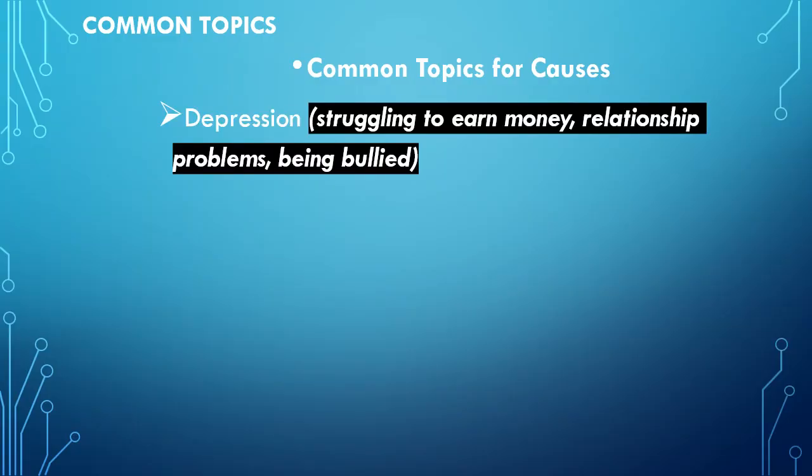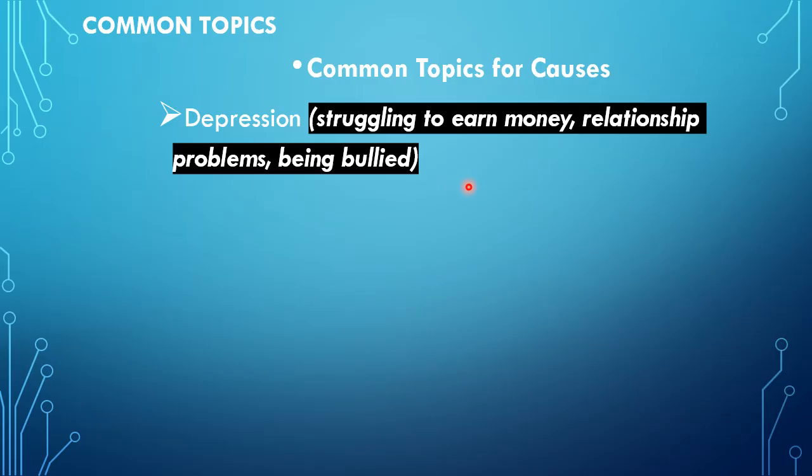First, let's look at the topic of depression. Of course, it is a very common topic, and we can easily find the causes of depression. So what causes people to have depression? What causes people to become depressed? As you can see, these are the possible causes for depression, right? Some people become depressed probably because they are struggling to earn money.